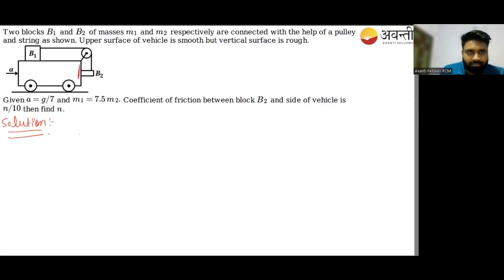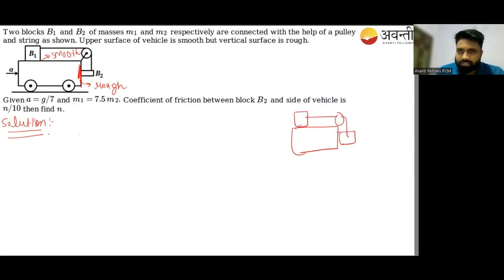This surface is rough and this surface is smooth. Now this bogie is also accelerating. This is the block we have, this is the tension, the string is there, and this is another block.